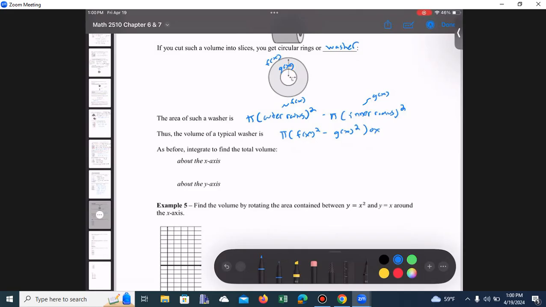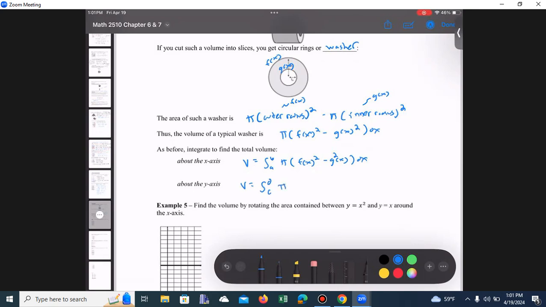All right, so when we integrate this with x's, we'll have the integral from a to b of pi times f of x squared minus g of x squared dx. If we're integrating from the y aspect, our limits have to go from c to d, along the y-axis.